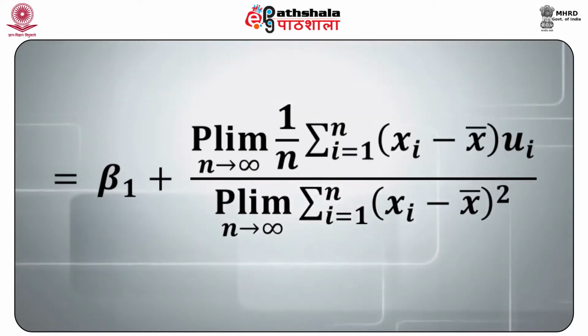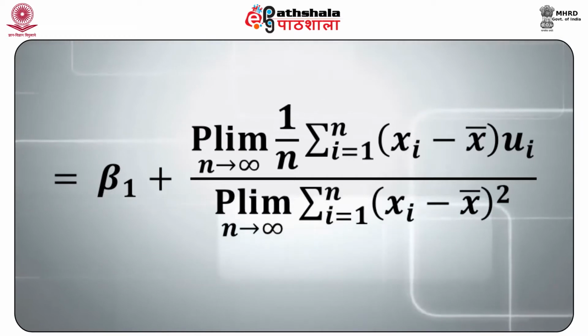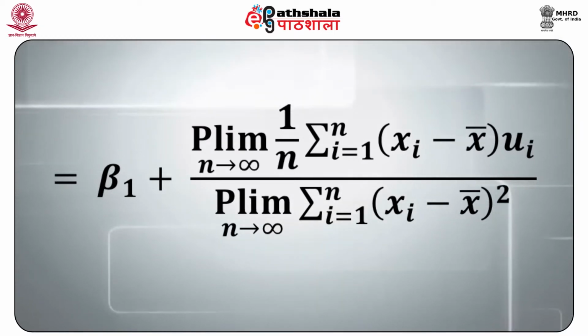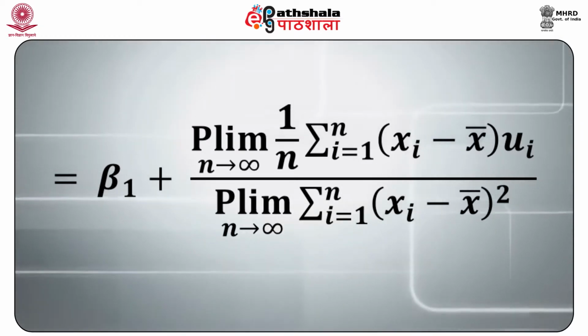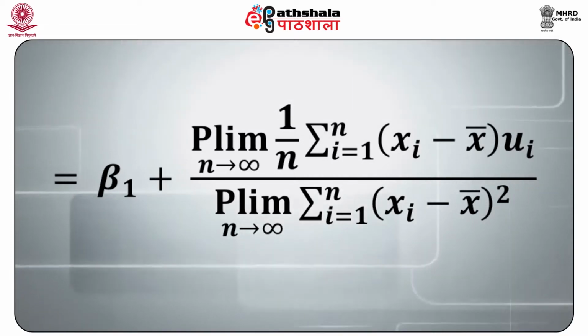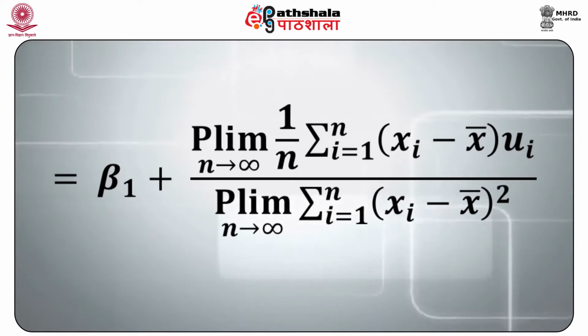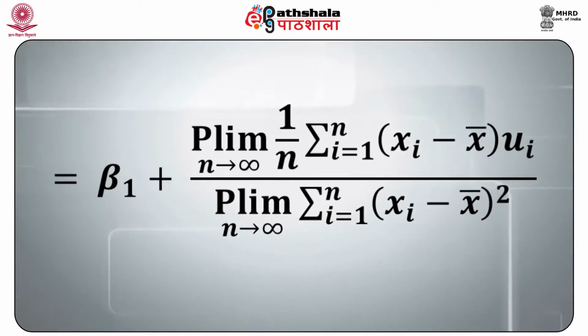Now if you divide, in the second expression, both the numerator and the denominator by 1 by n, we obtain the probability limit of the first part as beta 1, because it is constant. For the second part, we have the probability limit of the numerator, which is the probability limit of 1 upon n into sigma (xi minus x bar) into mu i, and in the denominator we have the probability limit of 1 by n into sigma (xi minus x bar) square.